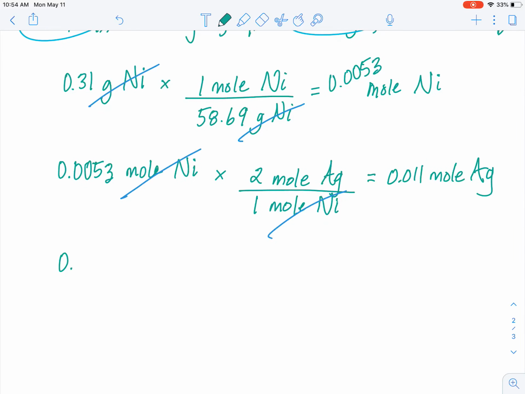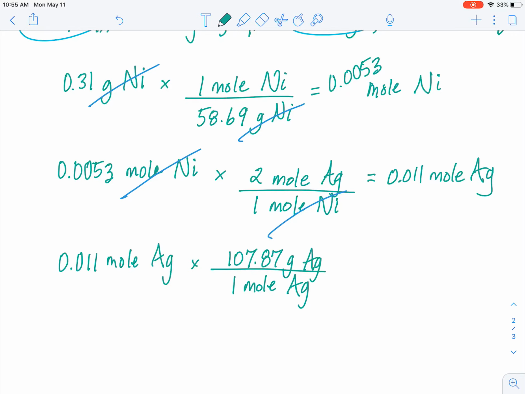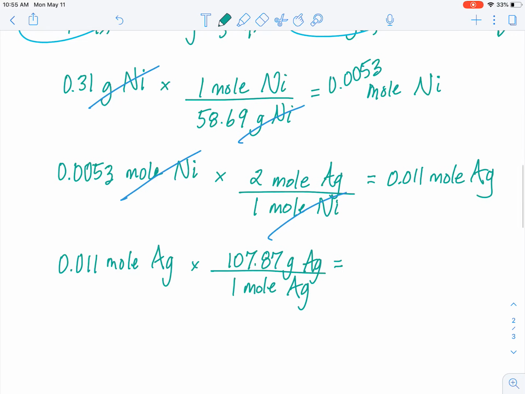Now we want to know how much silver was actually produced in grams. So we can convert from moles of silver back to mass of silver using 107.87 grams, which is the molar mass, and I get 1.19 grams of silver.